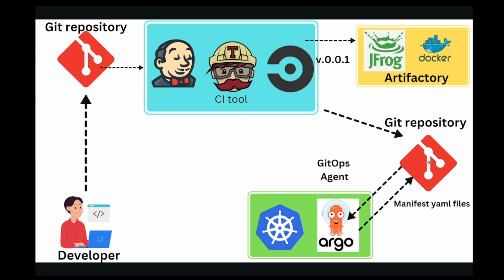As soon as a change is made, according to the configuration that we have set, whether to directly merge your changes to your cluster or to send an email notification about the changes that have been done, your GitOps agent will work. So this is the beauty of the GitOps agent. Here we can see that security is not compromised.